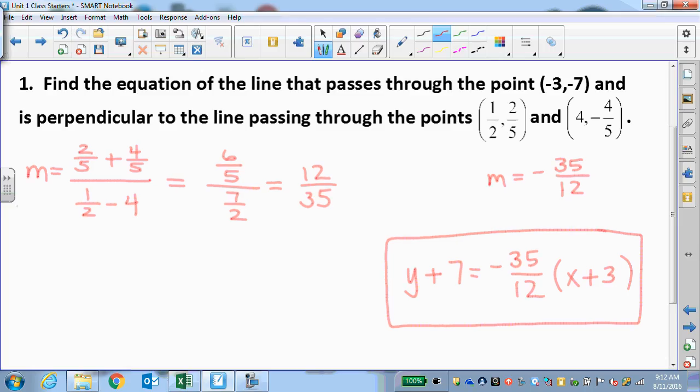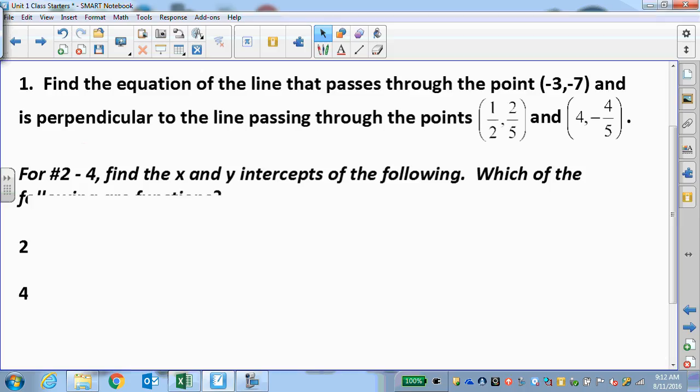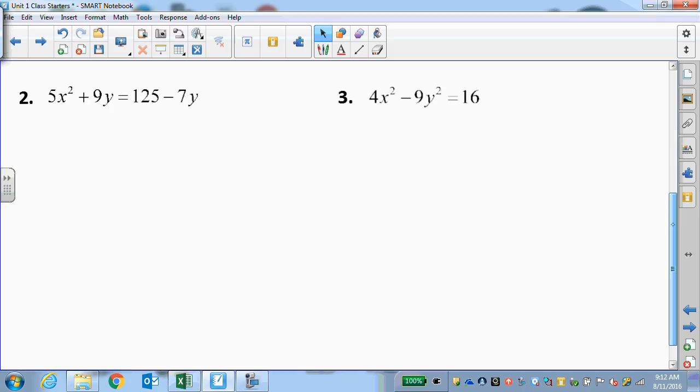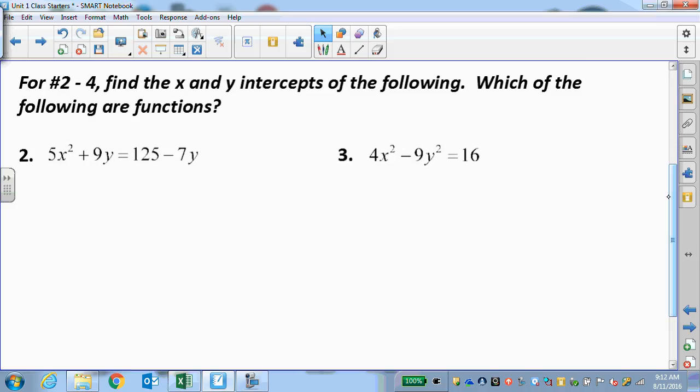Number two, again, we said to find the x and y intercepts of the following, and it also asks which of these were functions. So we had to do a little bit of thinking here. First we had to remember how we go about finding x and y intercepts, and as Jalen said, you set the opposite coordinate equal to 0.